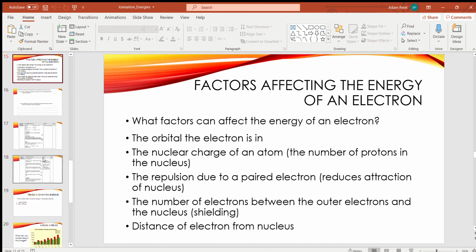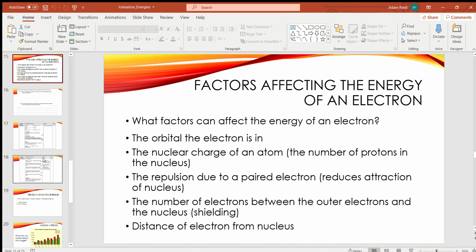Factors affecting the energy of an electron, we've gone through that. The orbital, or the subshell, or the shell, all of them could have different energies, referring back to the Aufbau principle, where different subshells have different energies associated with them. The nuclear charge of an atom, the number of protons in the nucleus. The repulsion caused by paired electrons in an orbital.